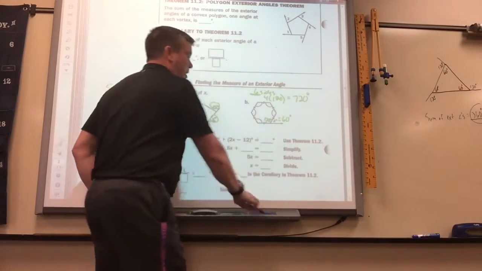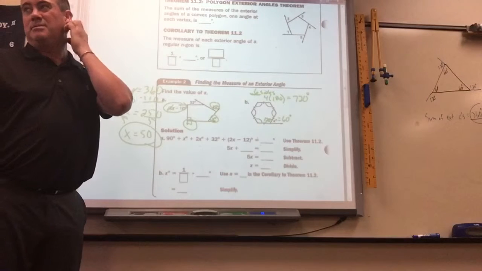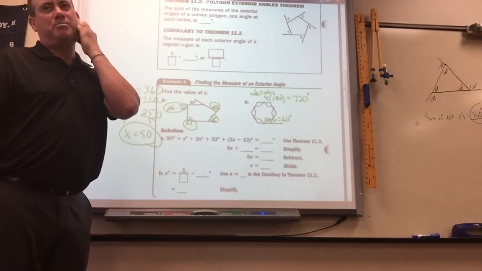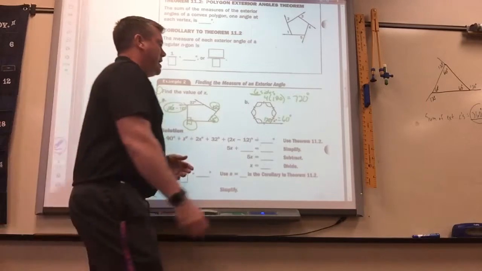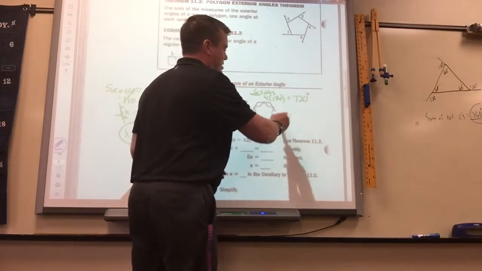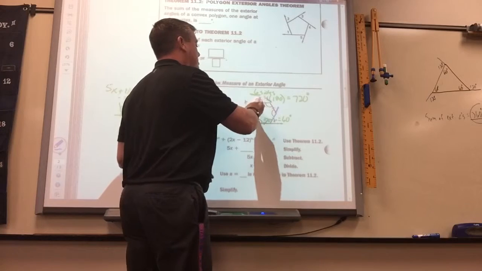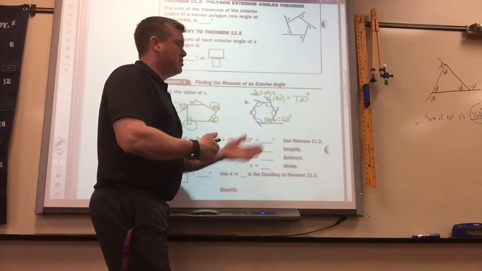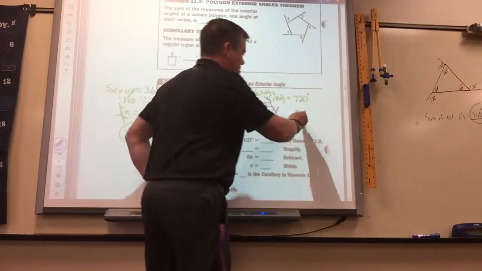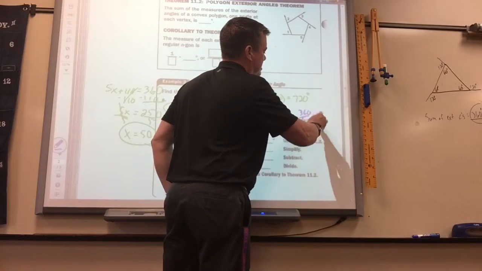Now, there's a shorter way to do that. When it's a regular polygon, you know all the angles are the same, right? And since it's a hexagon, there's 6 exterior angles, and they're all the same. So what's the quicker way to do it instead of all this? 360 divided by 6 is 60.